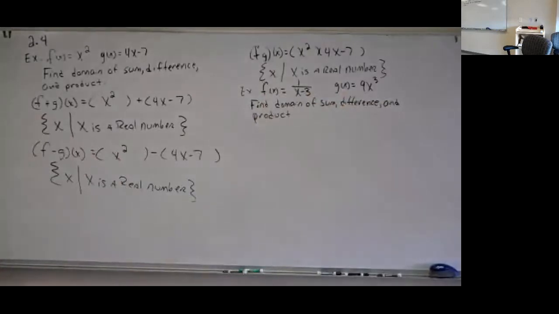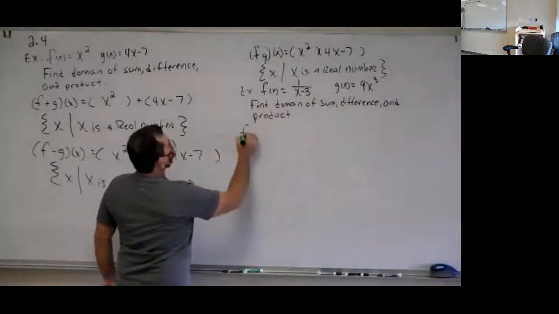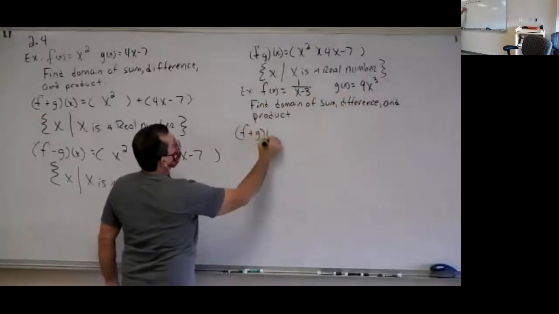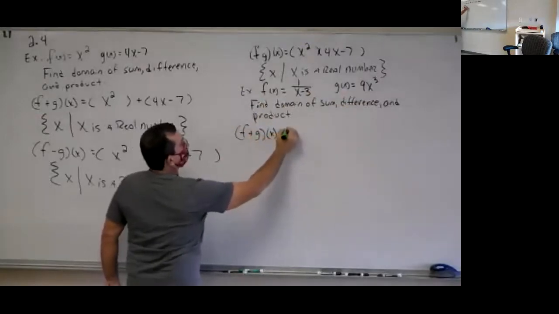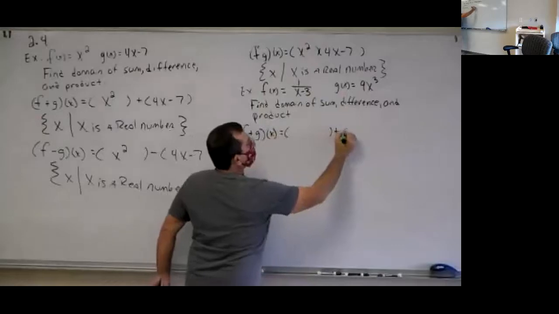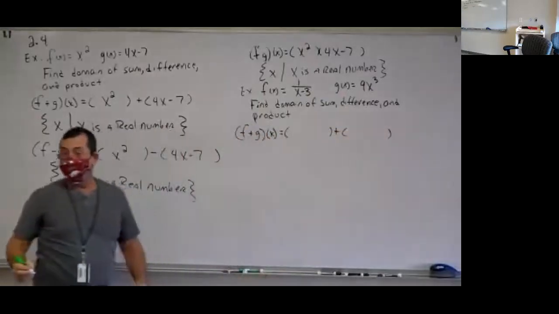But you'll notice they'll be really similar. Okay. So if I was going to add these, f plus g of x, I'll take my f of x plus my g of x.